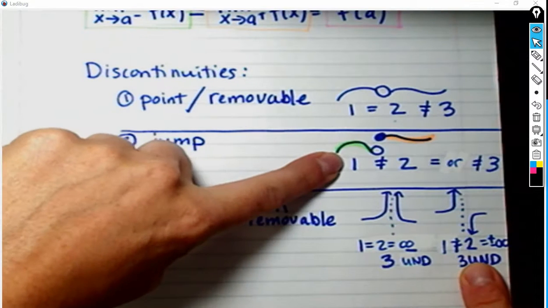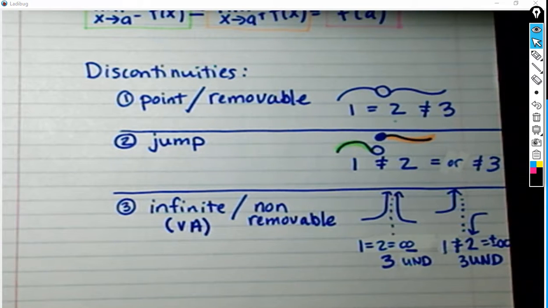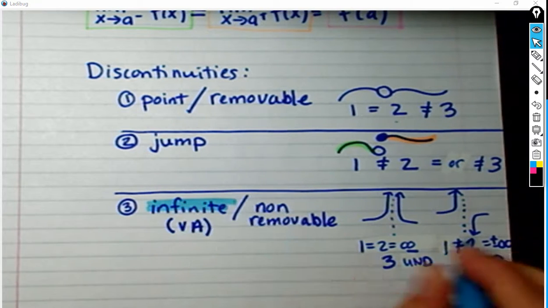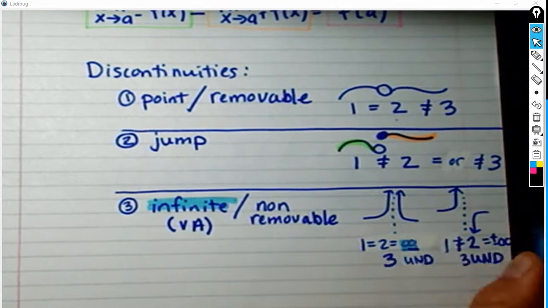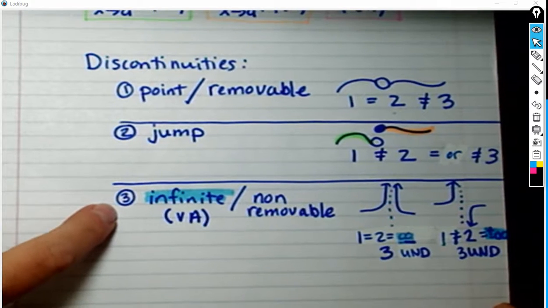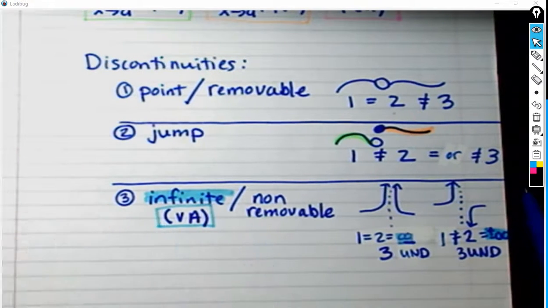Notice here that the first 2 limit statements are not equal, but it matters how they aren't equal. Okay, so the infinite comes because the limit was equal to infinity. That's what makes it an infinite discontinuity. It's because you ended up with a vertical asymptote.